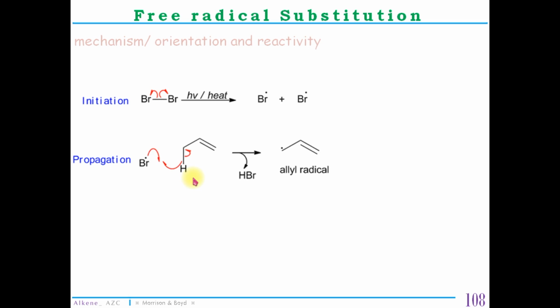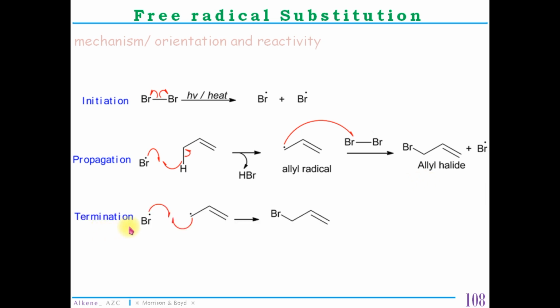This radical reacts with an allylic hydrogen and gives an allylic radical. Then the allylic radical reacts with bromine and gives allyl bromide. Termination step: two radical species combine to make allyl bromide.